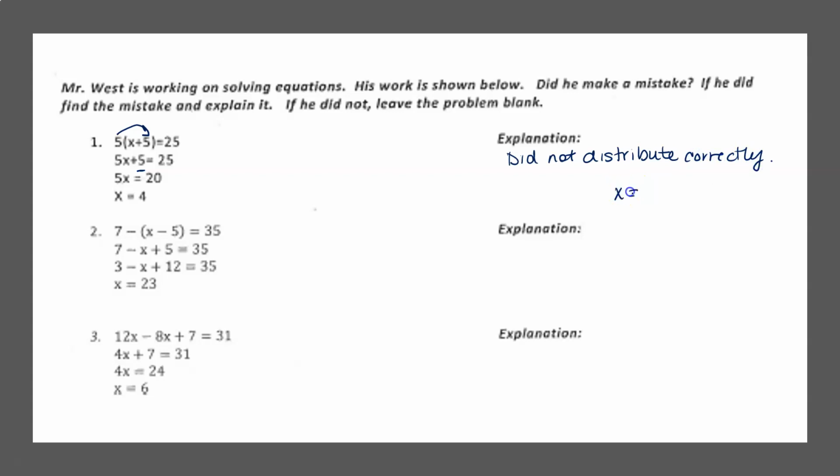Your answer should be X equals 0. So the second one, it's a copying error. Right down here, he changed the 7 to a 3. So this is a copying error. And you should have X equals negative 23. And this last one is correct. That's it.